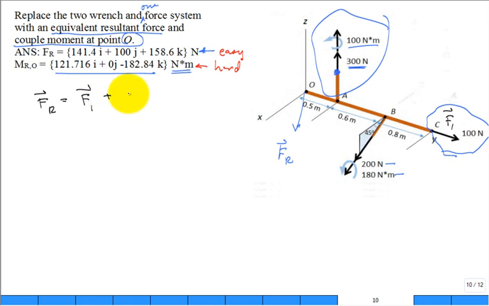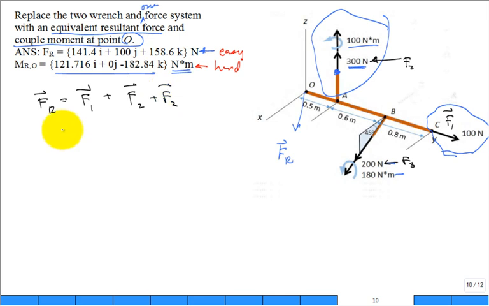And then I'm going to have, don't forget, F2, which is associated with that wrench. And then I'm going to call this one F3, associated with that other wrench. Those parts of the wrench have a tendency to make the object want to translate in the X or Y or Z. So we have to consider it in our sum of the forces.